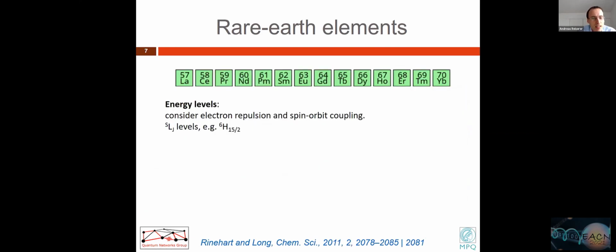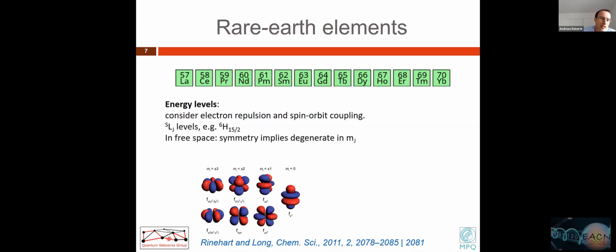Now, if you look at these energy levels in a bit more detail, it turns out that typically you name them by the spin quantum number, the orbital quantum number, and then the combined quantum number J of spin-orbit coupling, right? And of course you also have the MJ quantum number, and in free space, all orbitals with the same quantum number J but different MJ will be degenerate in eigenenergy.